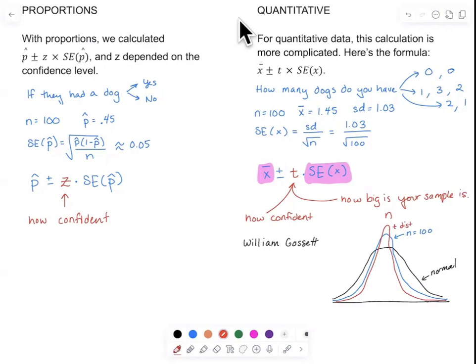The moral of this story is that if we want to figure out one of these confidence intervals, we have to use our calculator, because these depend on both the confidence level we're interested in and the sample size, n. Because it depends on both of those, your calculator can take both into effect. In the next video, you're going to see how to do this on your graphing calculator.